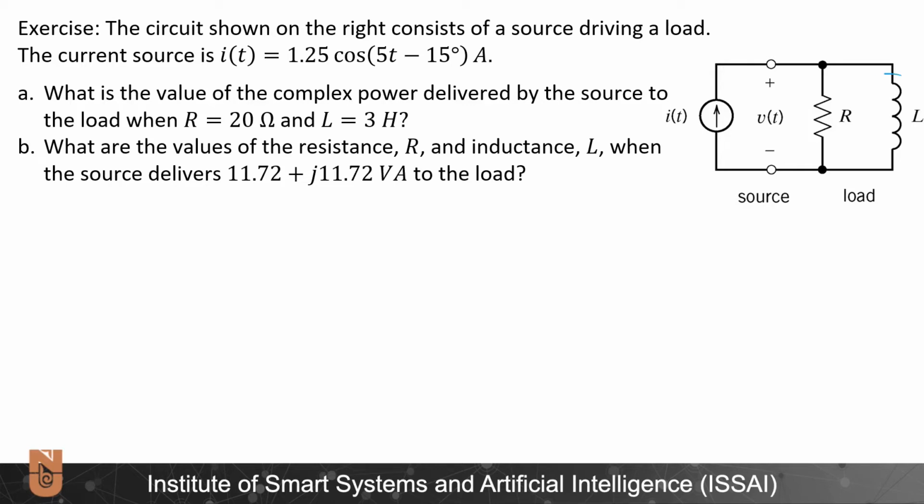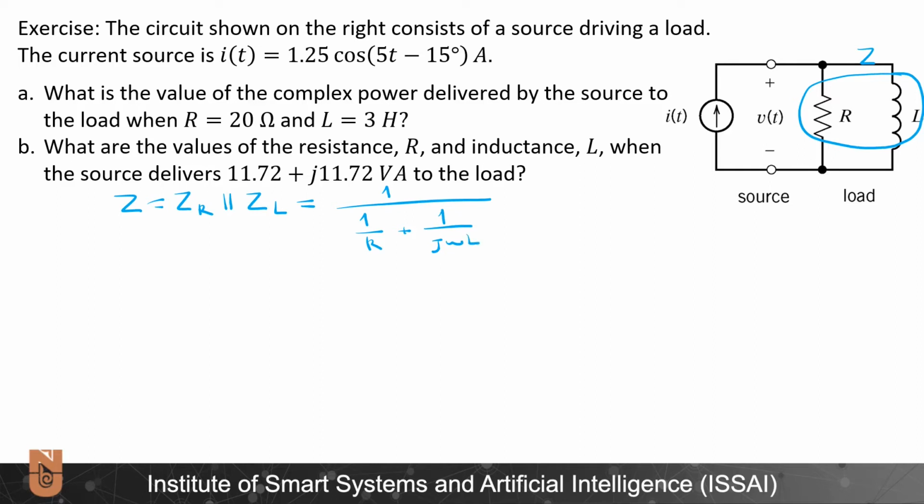We need to start by finding the combined impedance Z, which is ZR in parallel with ZL. This equals 1 over (1/R + 1/(jωL)), which is jωLR divided by (R + jωL).